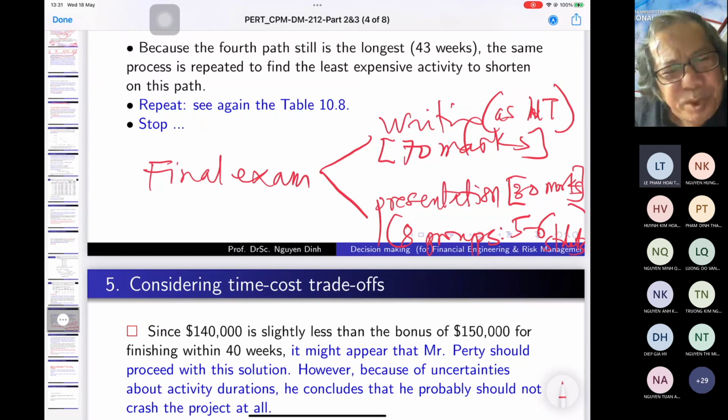So each group makes a presentation, and the presentations will start very soon. Today we finish this chapter, and maybe next week I give you a free week for preparing.